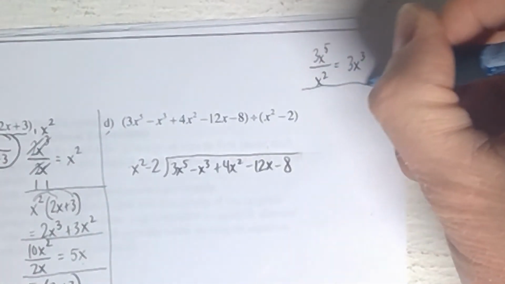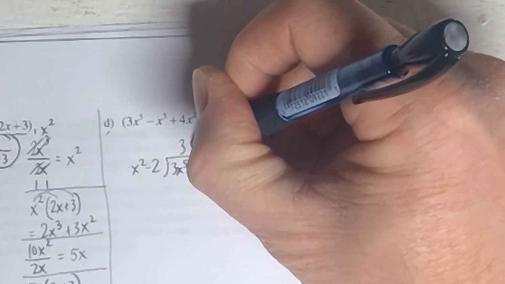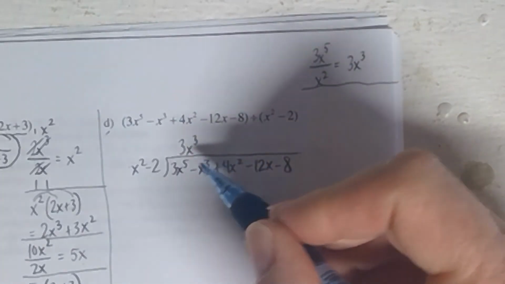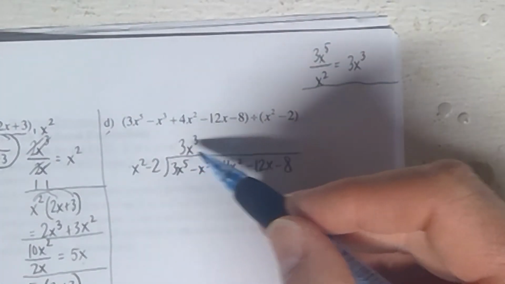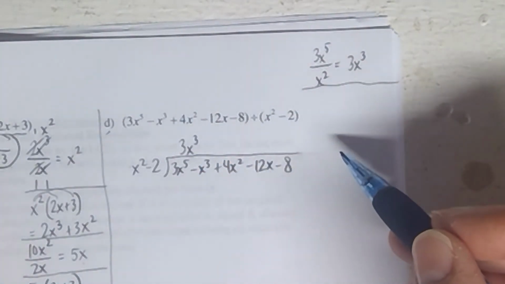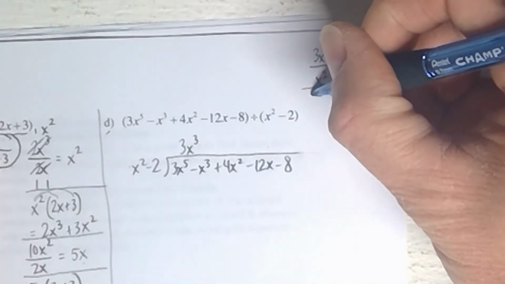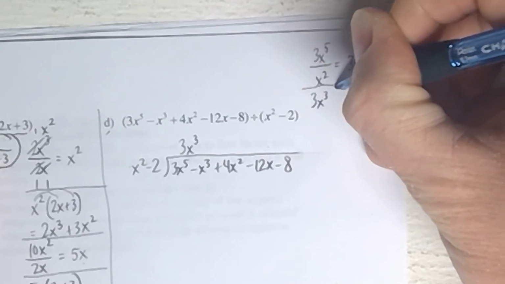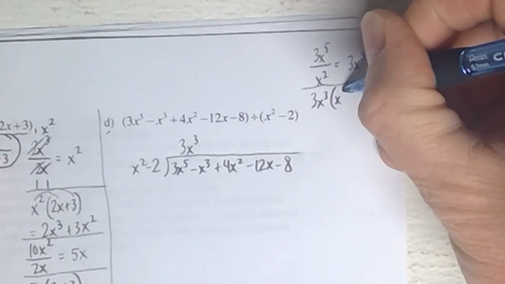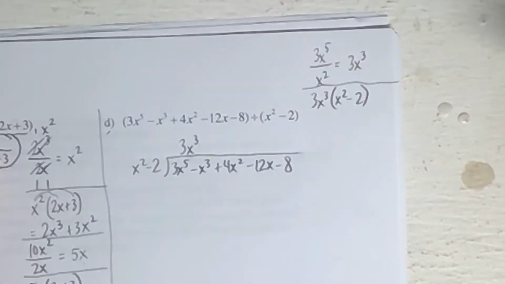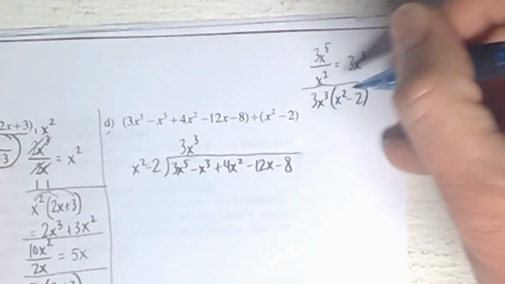We take 3x to the third and put it up here. Again, it doesn't matter where. I prefer to put it over to the left so I have enough room to put the entire answer eventually. Then I multiply the 3x to the third by the outside part, just like we did in the last problem. Multiply by the entire thing.